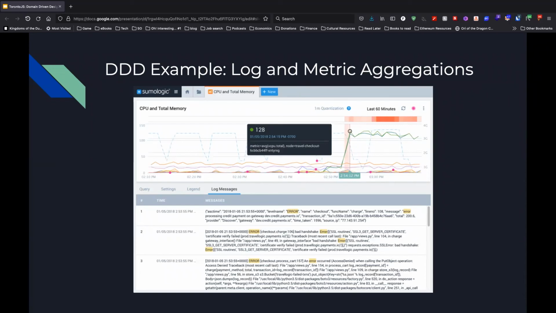The metric side of it has a completely different way of thinking about the problem. Well, it's not just a text stream, but it needs to compute certain things. And it needs to aggregate information.